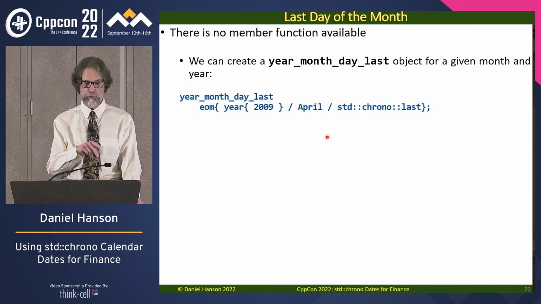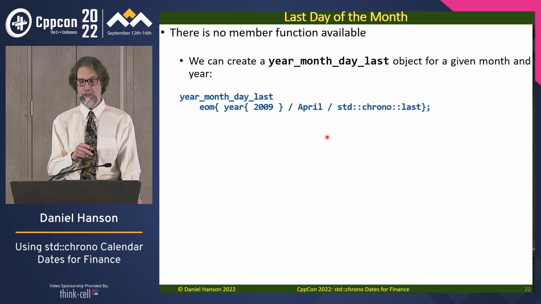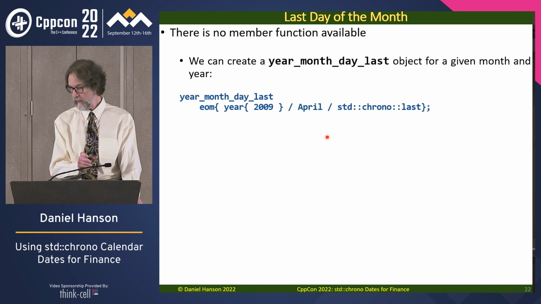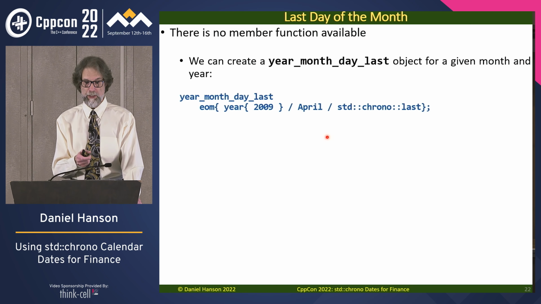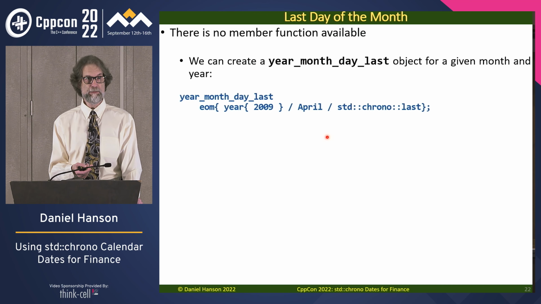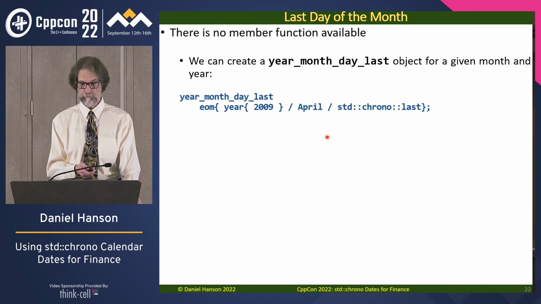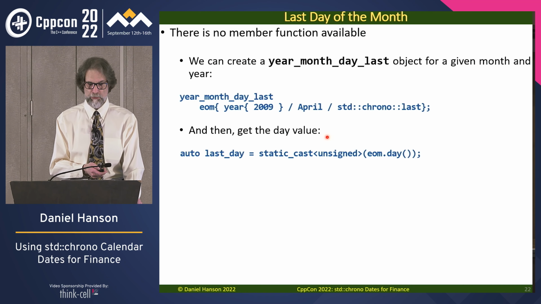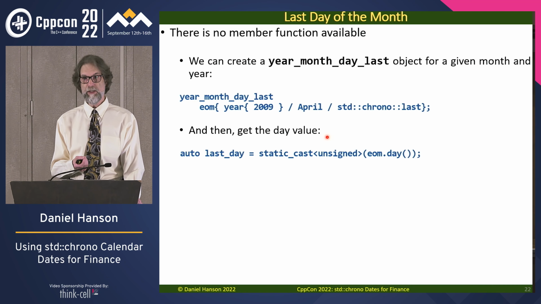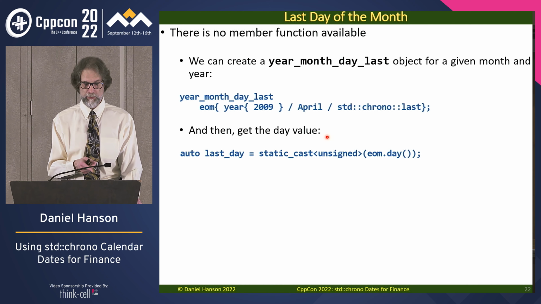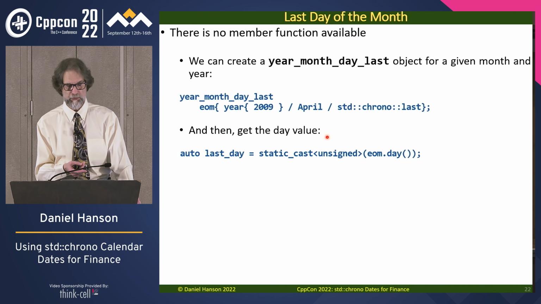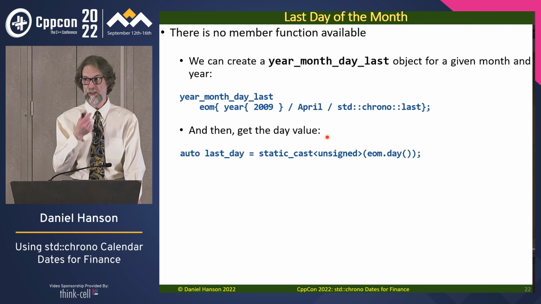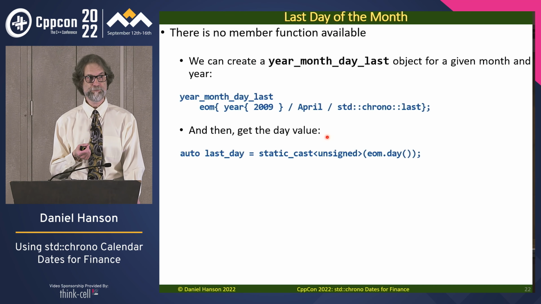So what this is, you put in the year and the month, and then you put in this type std::chrono::last. And this represents the last day of April 2009. And then to get the day value, you call the day accessor function. And then, as I said before, you can cast these to an unsigned value, and you can get the actual numerical result.